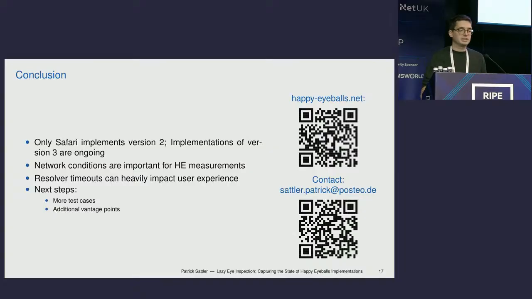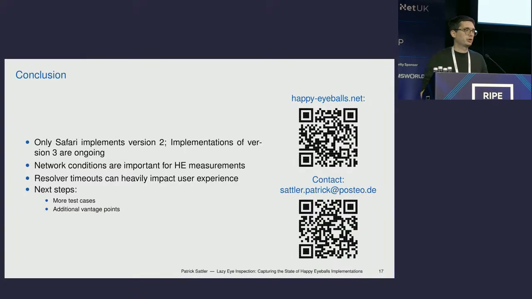But what we see, if you use our measurements, is that it's important that not only the client and the OS might matter, but also the network condition you're in. Do you use proxies or not? Then the resolver timeout. If no resolution delay is implemented, the resolver timeout can heavily impact how the user experiences a service. Our next steps are now to implement more test cases, especially with Happy Eyeballs version 3.